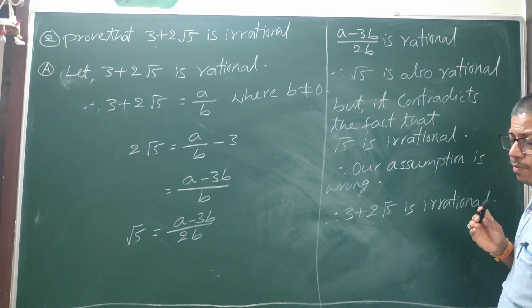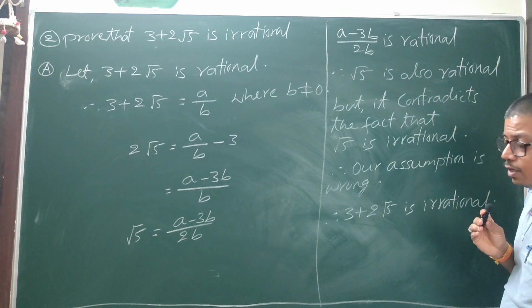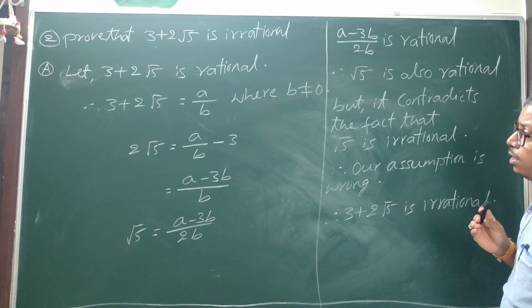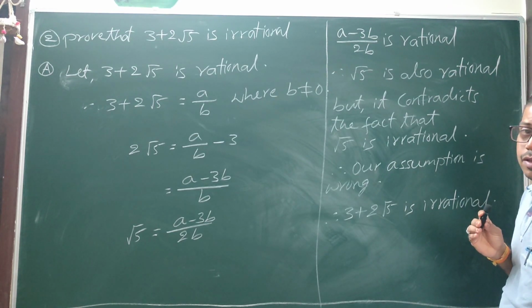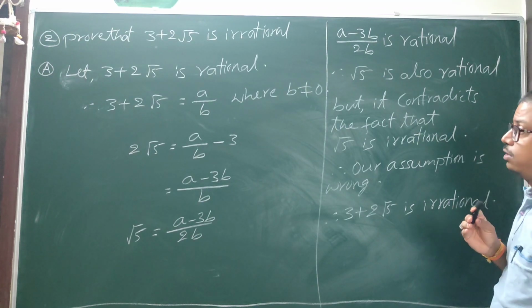So, what is the name of the method we have used? The name of the method is the method of contradiction.